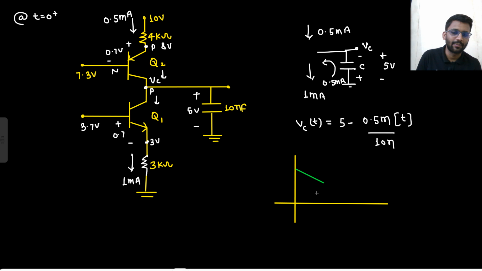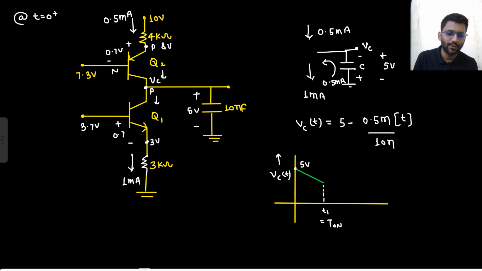We don't know what that potential is, but it will always keep on going down until t equals t1 only. From 5 to some particular potential, it will go down, right? This is your VC(t).